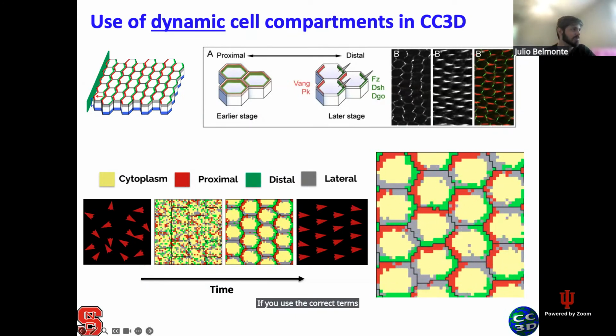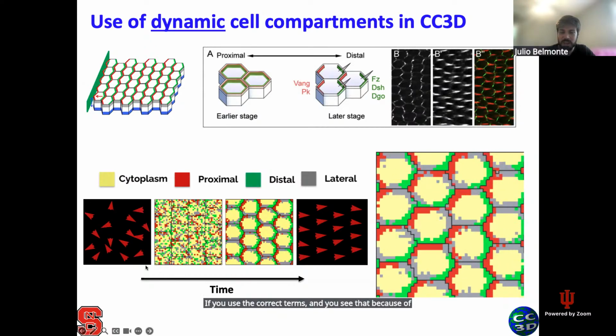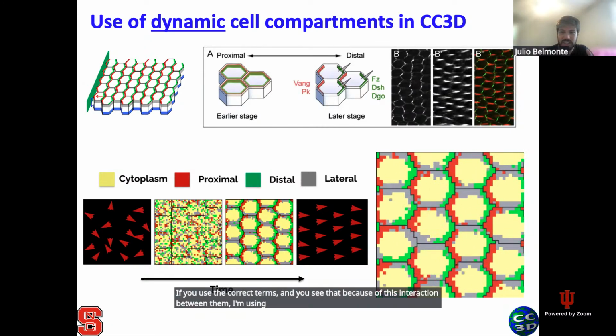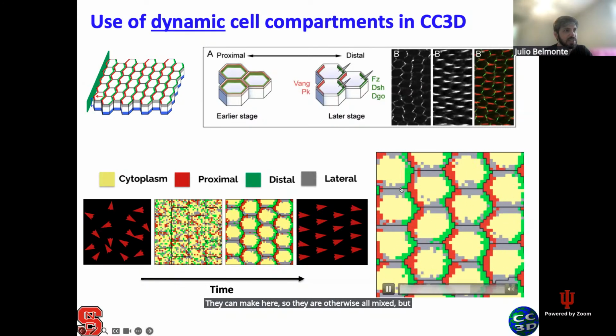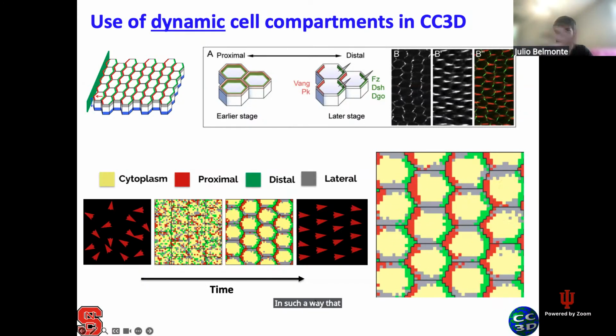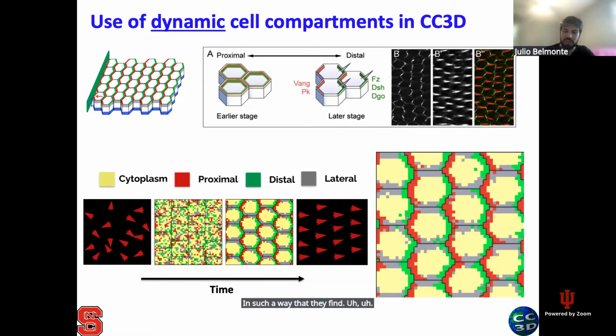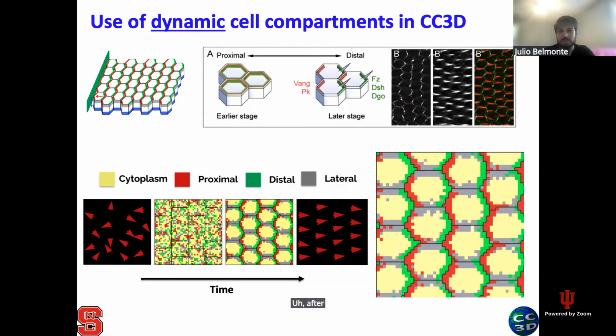And because of this interaction between them, I'm using the dynamic compartments technique here, so they are otherwise all mixed, but they self-sort out in such a way that they find a global orientation after a few Monte Carlo steps of interaction.